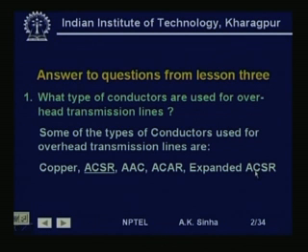As I have already said in lesson 3, sometimes we want to increase the effective radius of the conductor, and for that we use expanded ACSR conductor in EHV transmission lines.